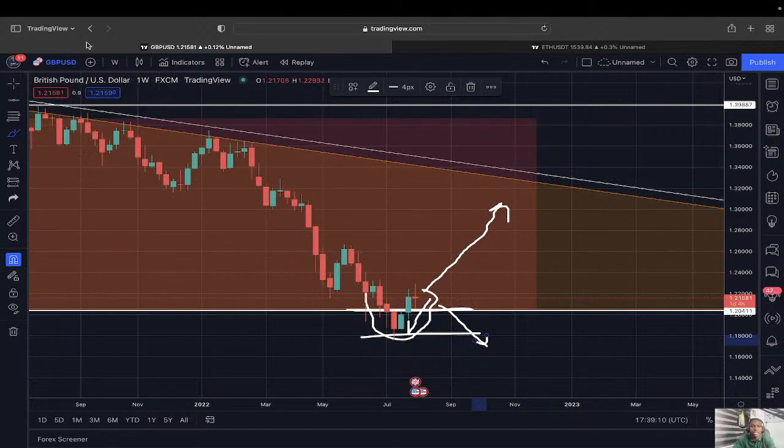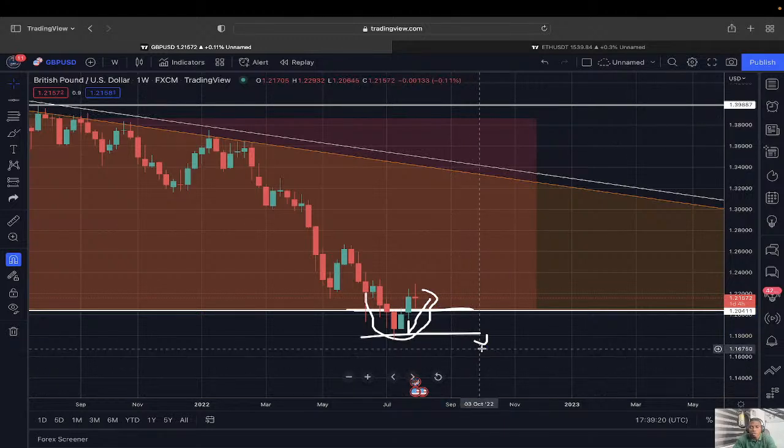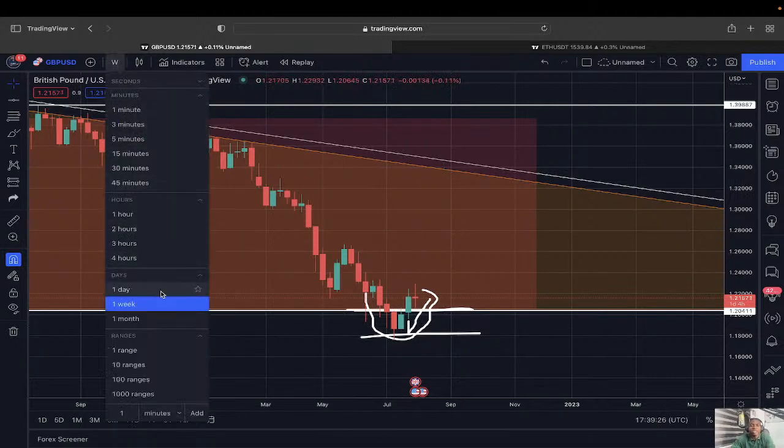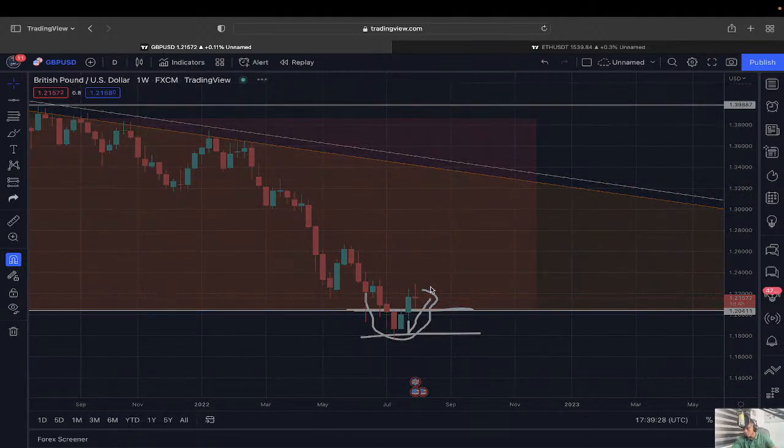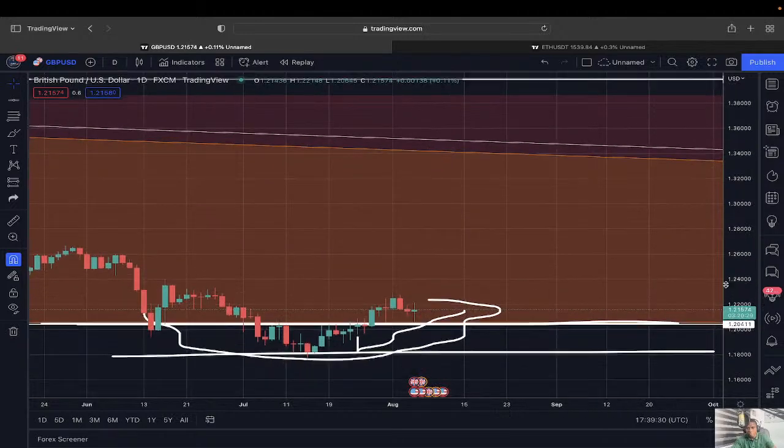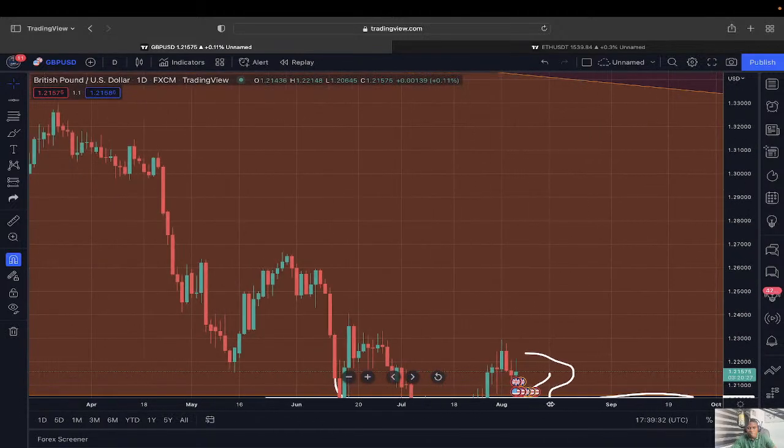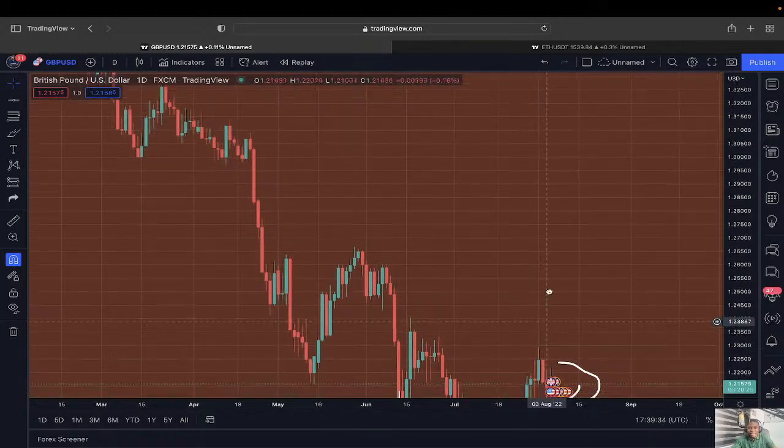Now let's take it a bit slowly and go down into the daily time frame. What is the daily time frame telling us? Interesting.